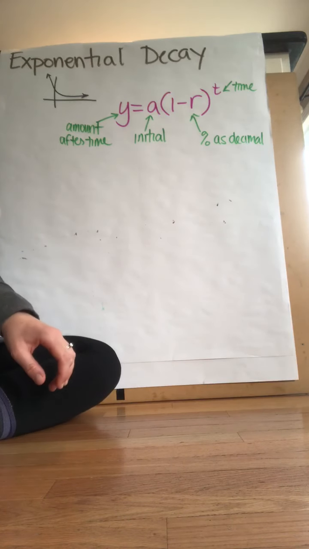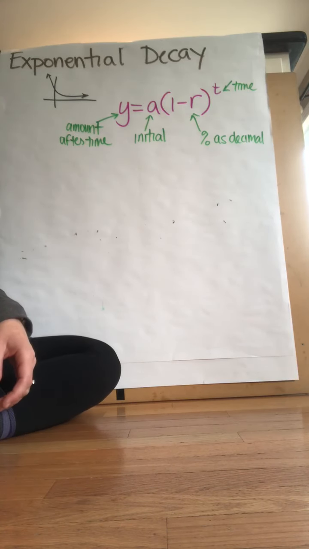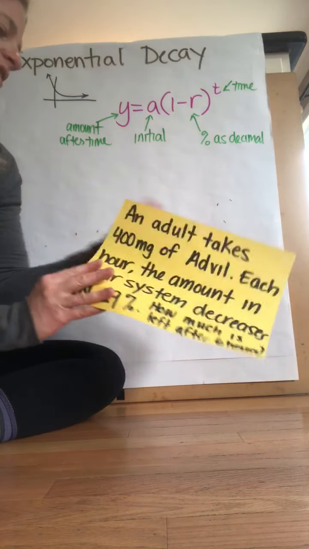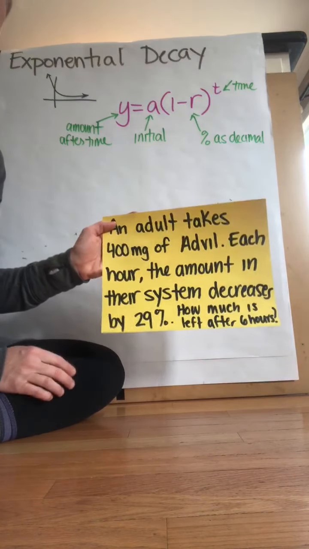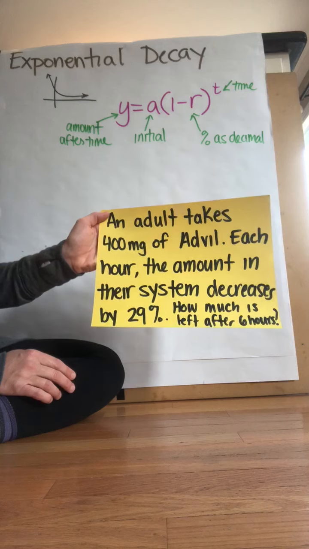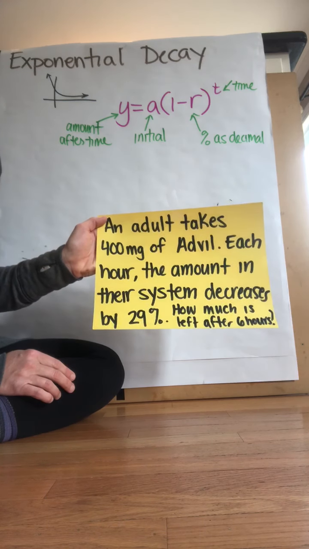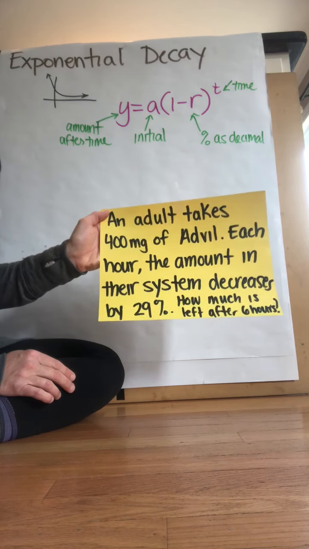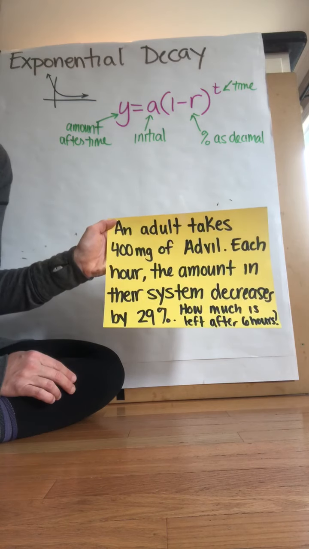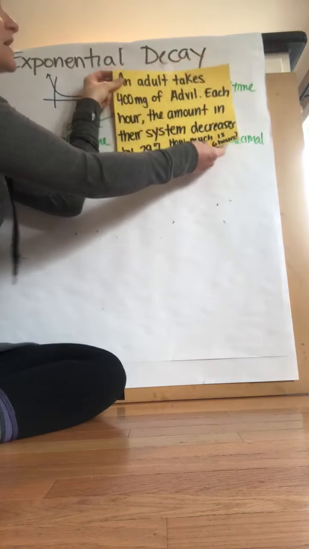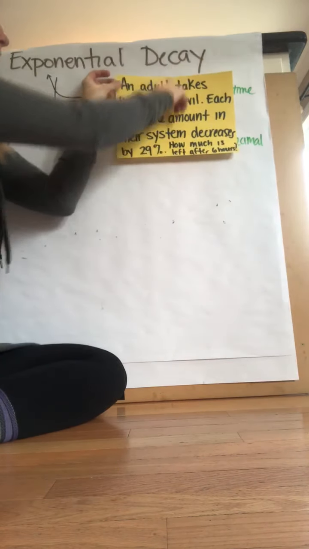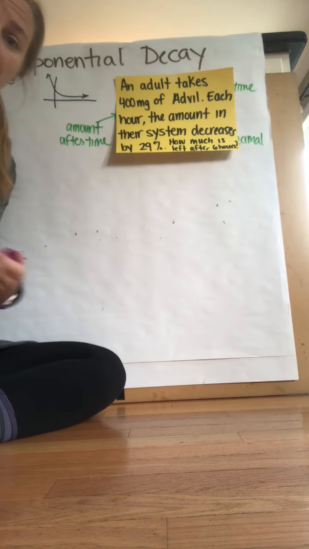So I have a question here that is about Advil, and it says an adult takes 400 milligrams of Advil. Each hour, the amount in their system decreases by 29%. How much is left after 6 hours? So we are given the initial amount.